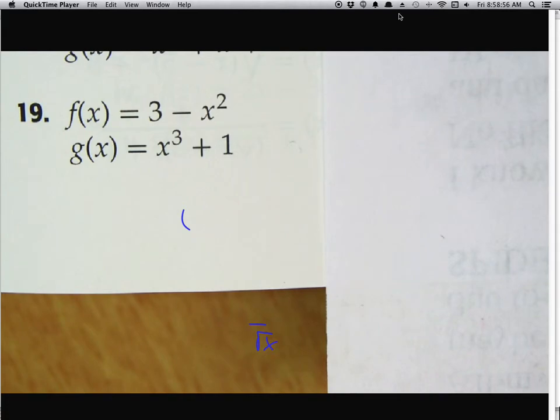Okay, on 19, my two functions are f of x equals 3 minus x squared, and g of x equals x cubed plus 1. And if you notice in the directions, it wants me to find 3 things.